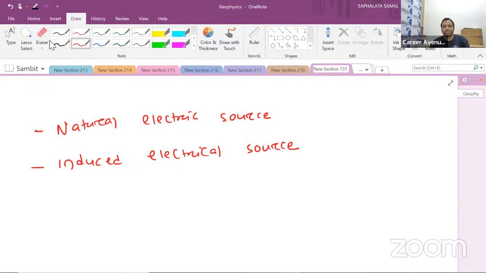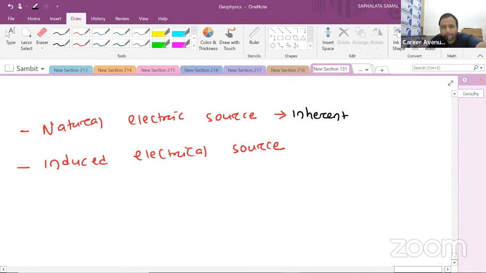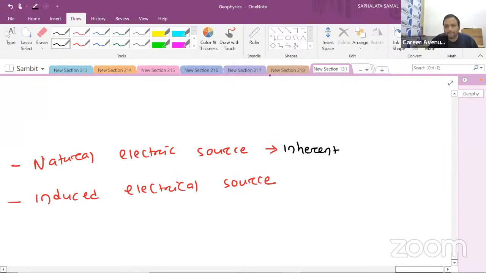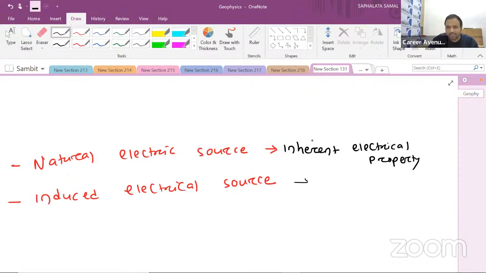Natural electrical source uses the inherent electrical property of the earth, whereas induced electrical source uses an external electrical field.